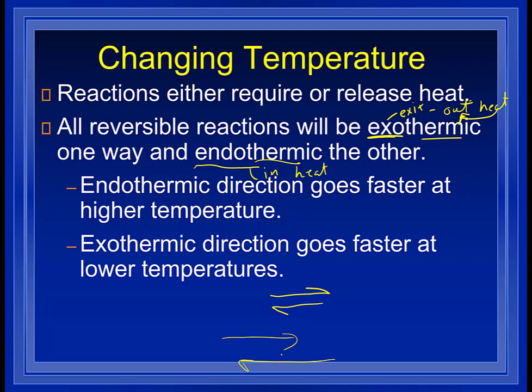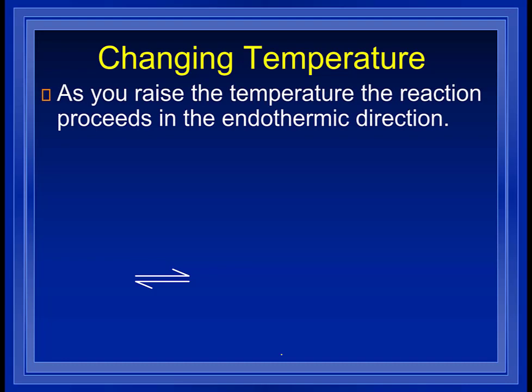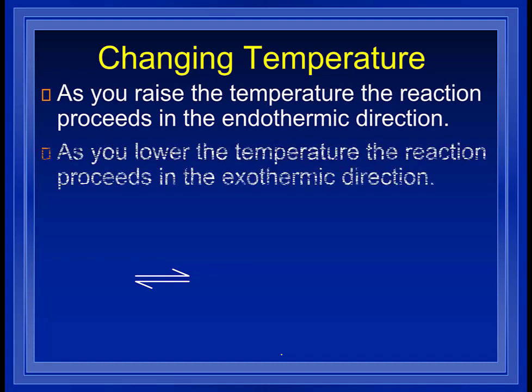It's going to use that heat to run a reaction. If I try to take out heat, it's going to make more heat. And along the way, it's going to make more of the reactants or the product. So if you raise the temperature, the reaction proceeds in the endothermic direction. If you lower the temperature, it goes in the exothermic direction.